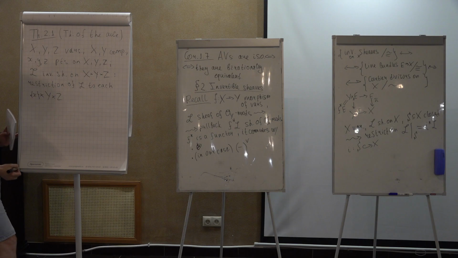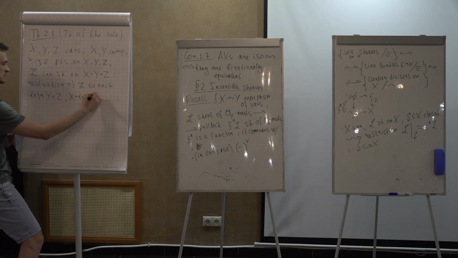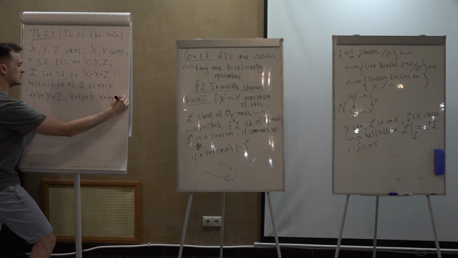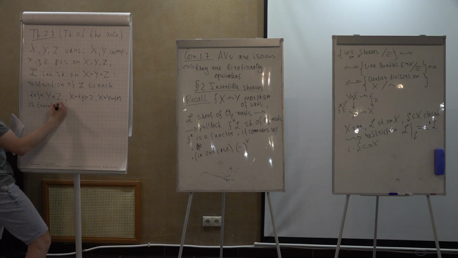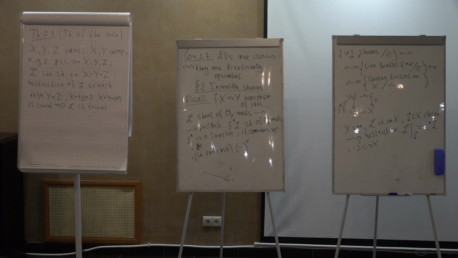So each restriction to x times Y times Z, similarly X times y times Z, and X times Y times z is trivial. Then it turns out that L is trivial. So if my sheaf restricts trivially on each of these subsets, then this sheaf is trivial.